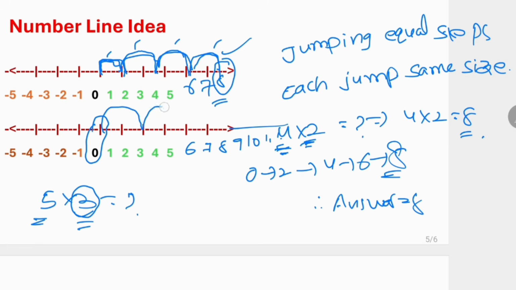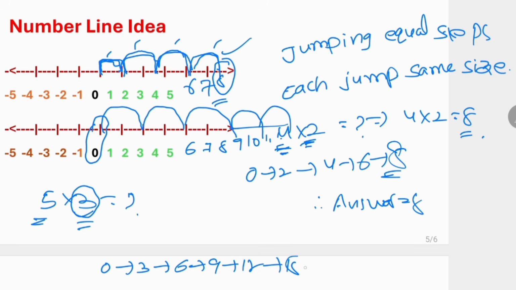Therefore, 0 to 3, 3 to 6, 6 to 9, 9 to 12, 12 to 15. Then where do you stop? Number 15. So, therefore, our answer is 15. Therefore, 5 into 3 is equal to 15.